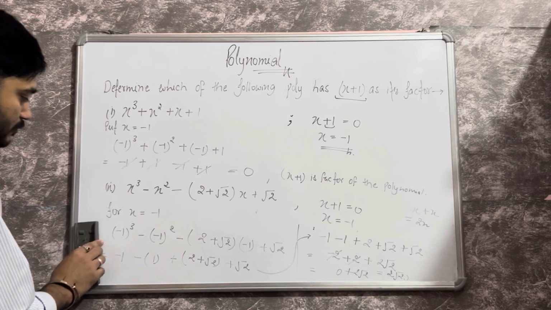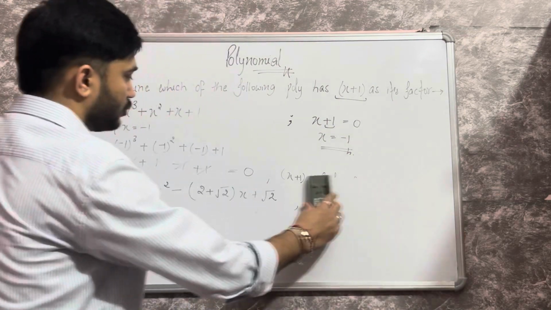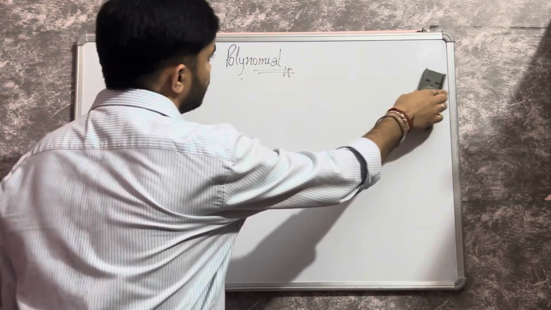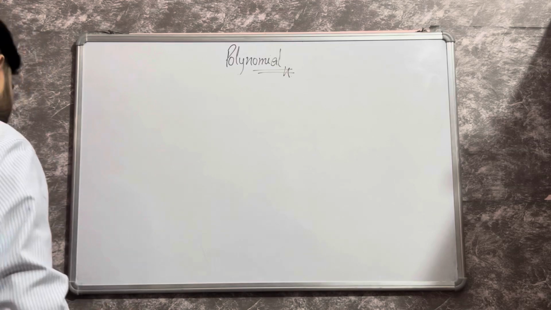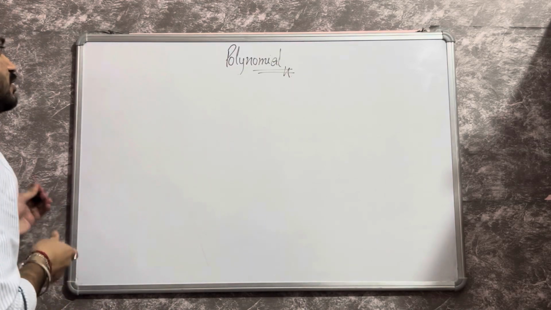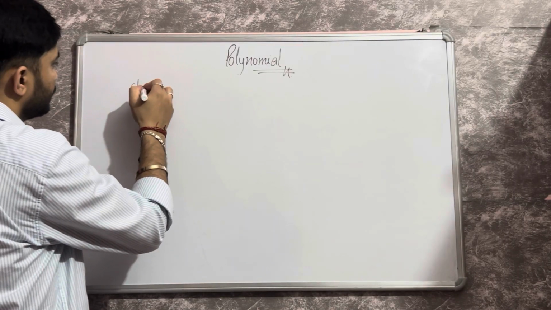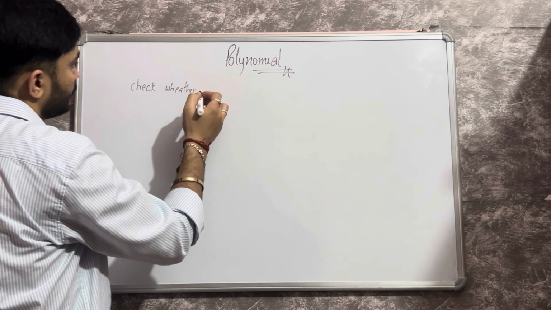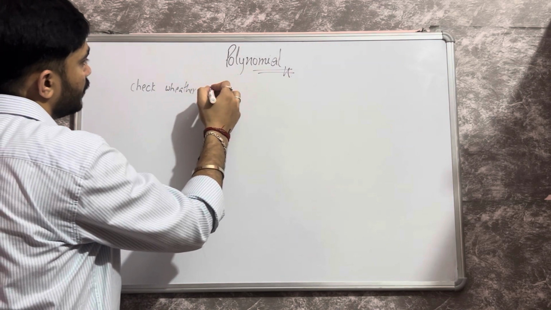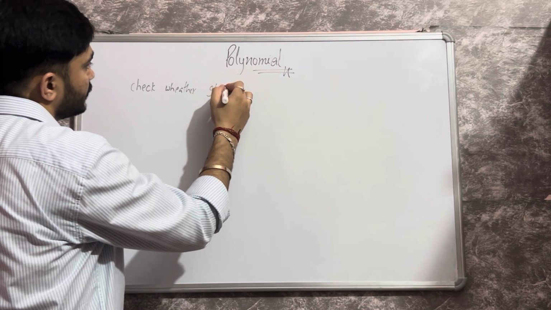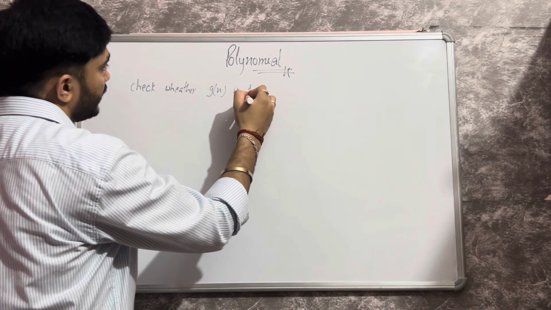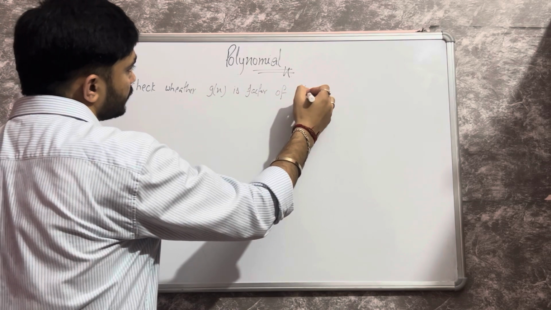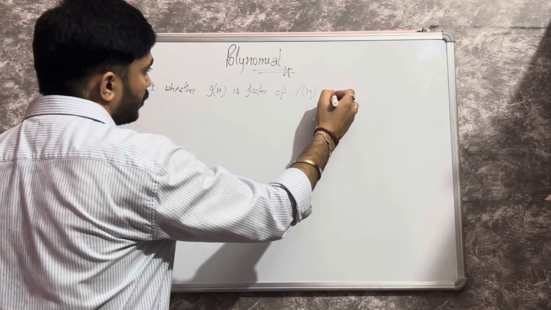Now let us solve some more examples with a little variation. The variation I am talking about is: check whether g of x is a factor of p of x or not.